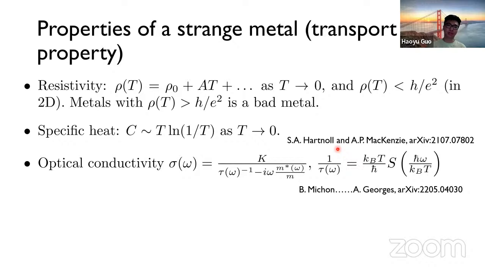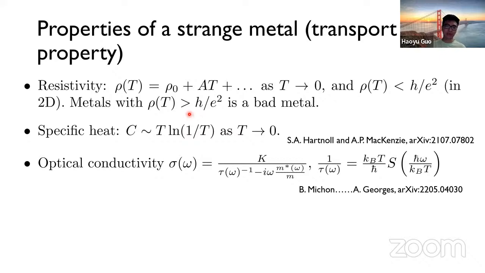that is described by the transport properties and the thermodynamics. So the first thing is that the resistivity of the system goes as linear in T at low temperatures. Another requirement is that this resistivity should be smaller than the quantum unit of the resistivity in 2 dimensions.